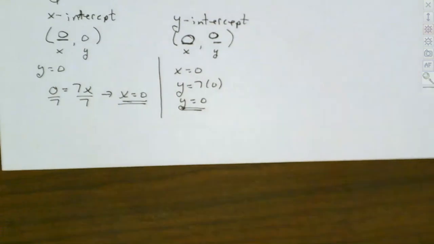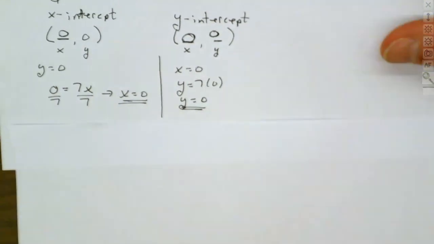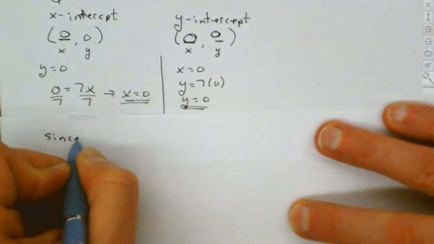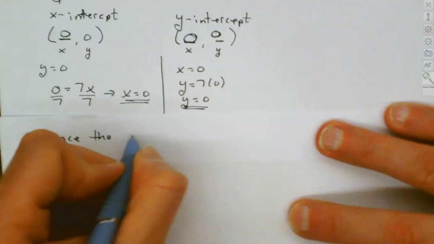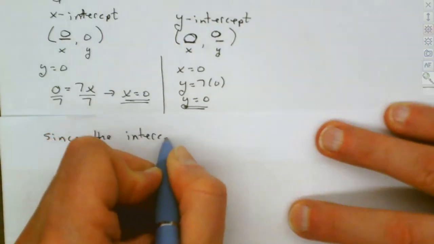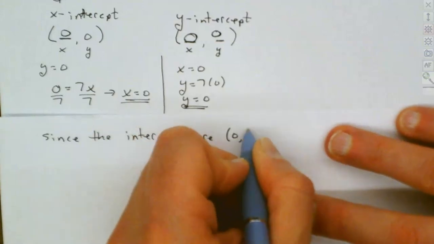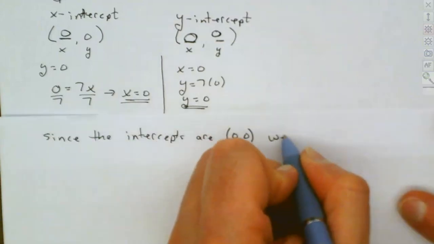And we can use any point that we want. So since the intercepts are 0, 0, we need another point.